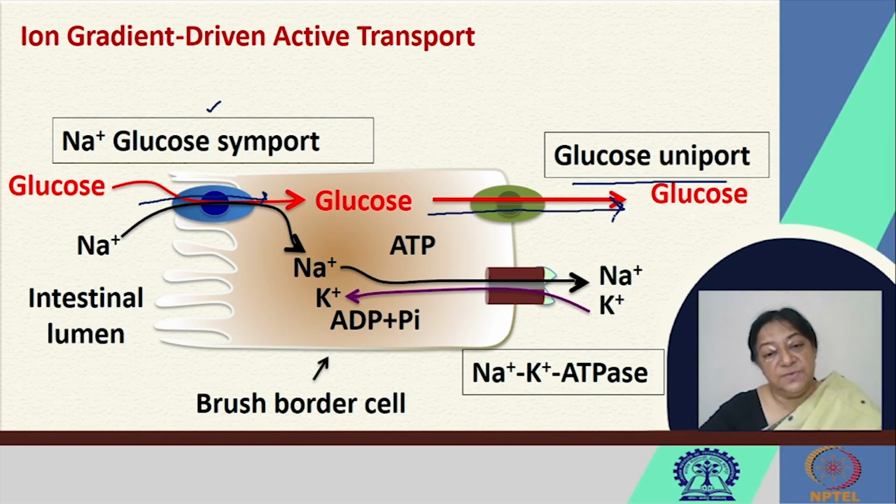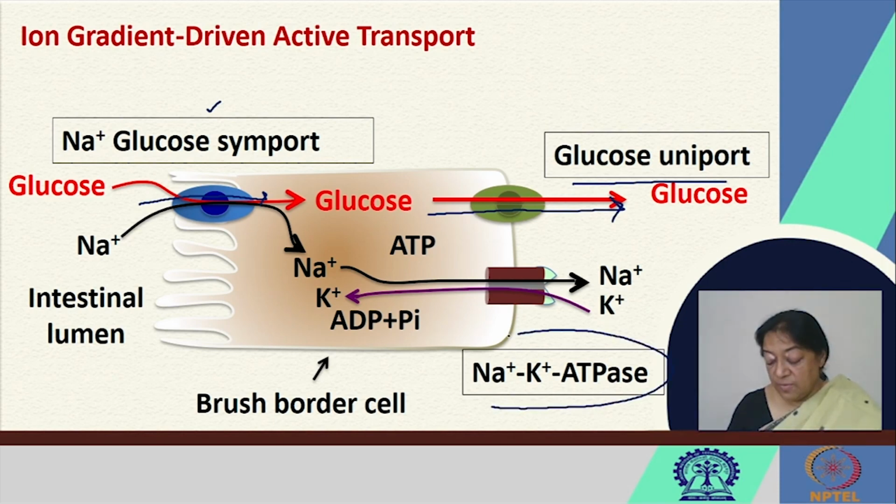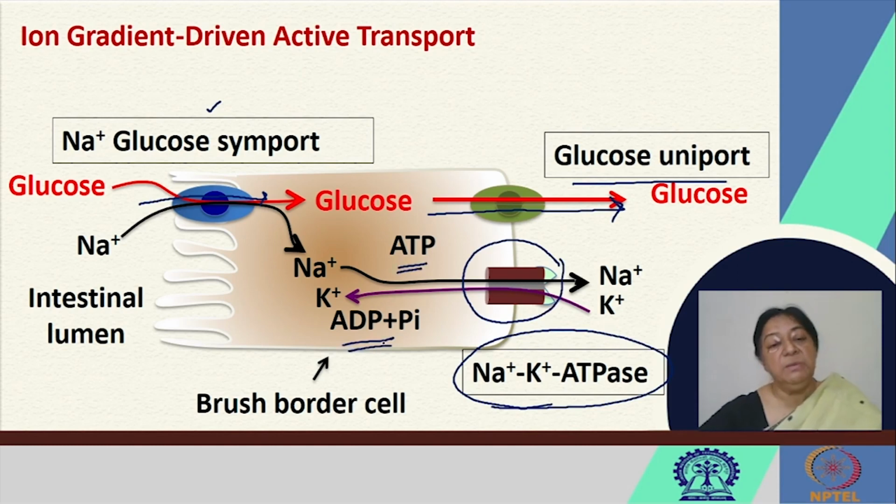A facilitated diffusion may then occur with the use of Na+/K+ ATPase that provides the potassium required inside the cell, and this pump, we realize, is triggered by the ATP hydrolysis to ADP and Pi.